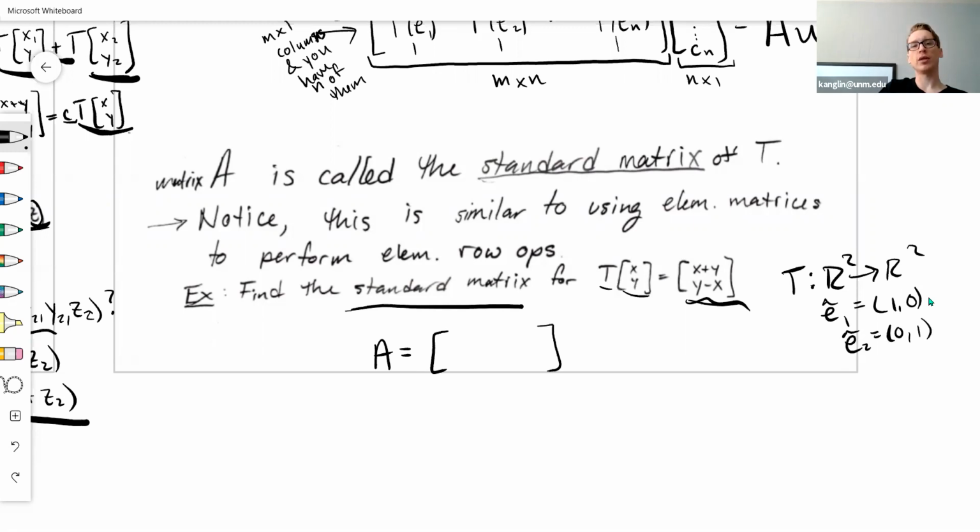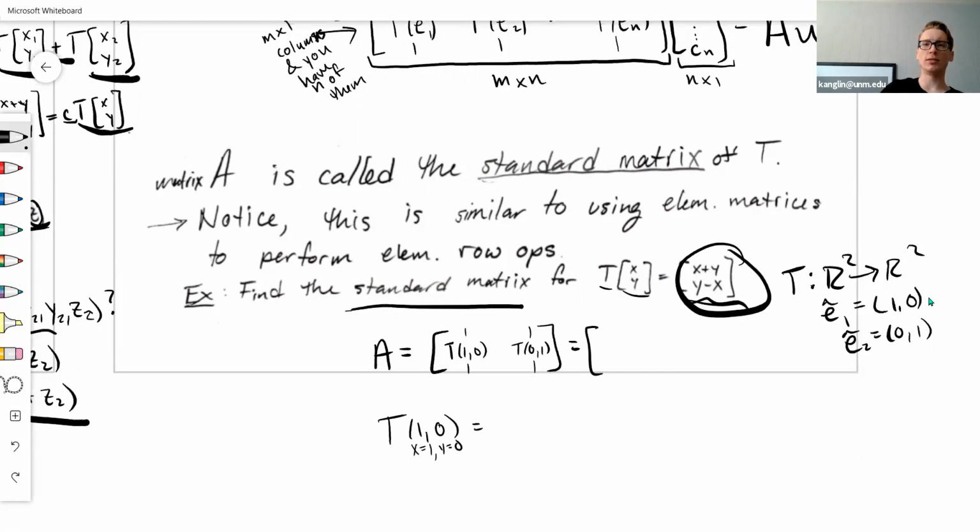What do we get here? This is T of (1, 0). That makes the first column. And T of (0, 1) makes the second column. This should be easy, right? T of (1, 0): x equals 1, y equals 0. Just use this formula to figure out what it is. (1, 0) gives you (1, -1).